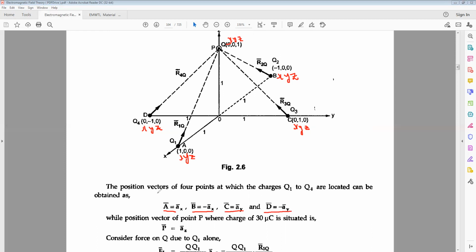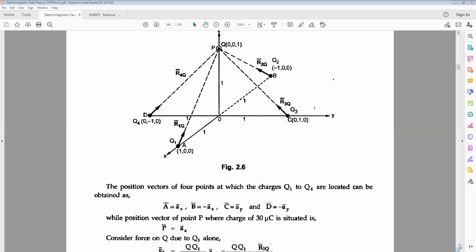Okay, the position vectors for the four point charges Q1 to Q4 are obtained as AX bar for A bar, minus AX bar for B bar, AY bar for C bar, and minus AY bar for D bar.